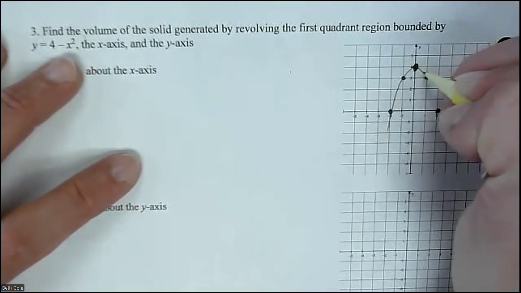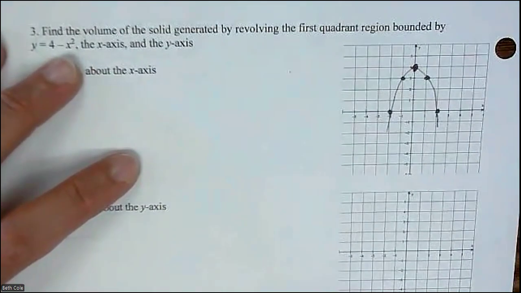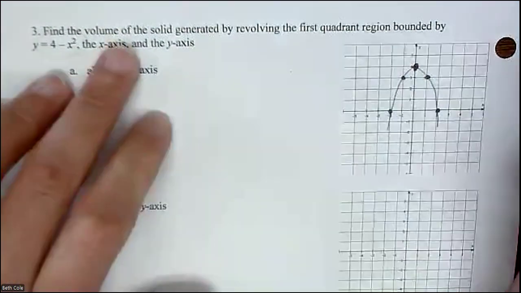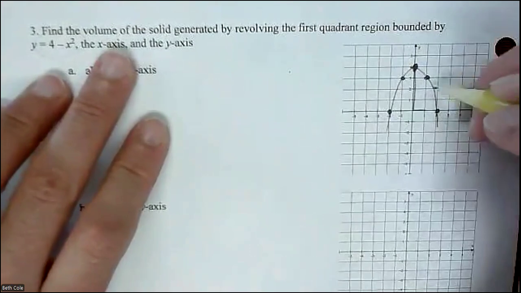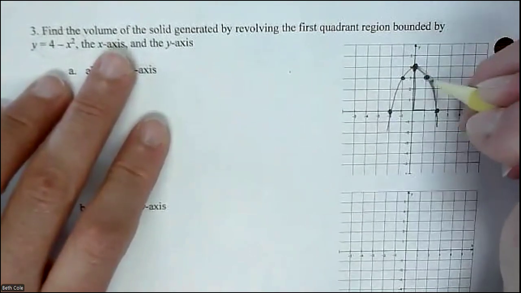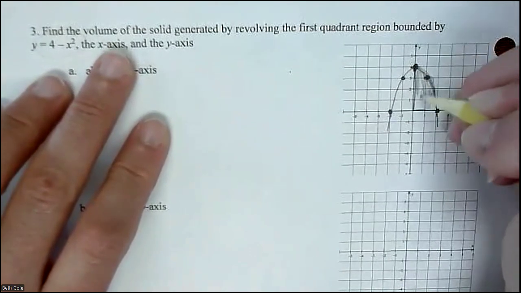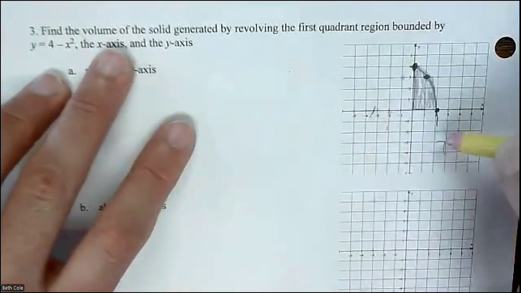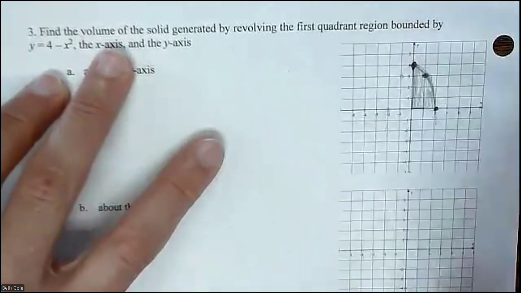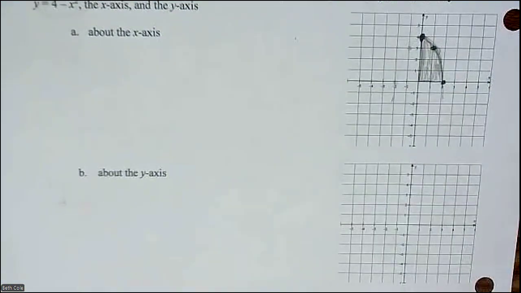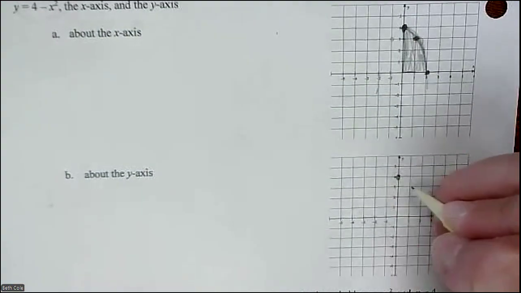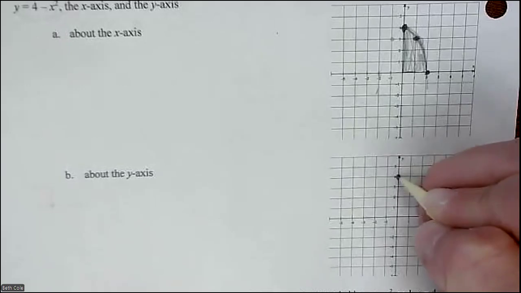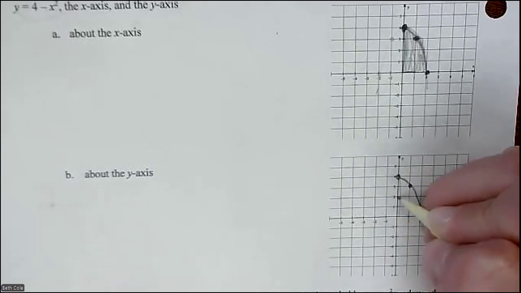So like this. And then it says the x-axis and the y-axis. So this is going to be your shape here. And then if you could just go ahead and copy that right here. I did that on purpose so we could just reuse our same work.